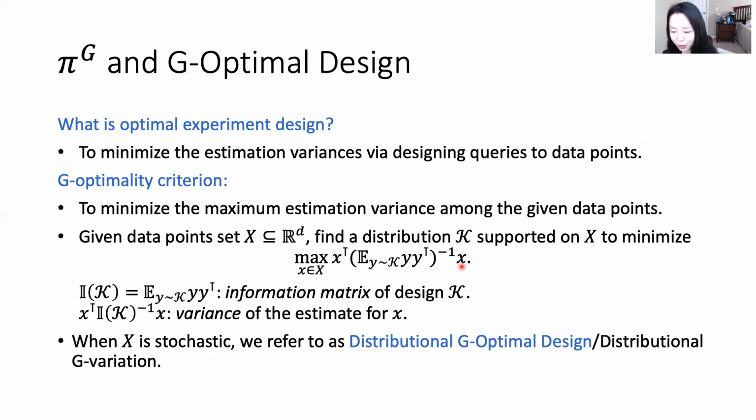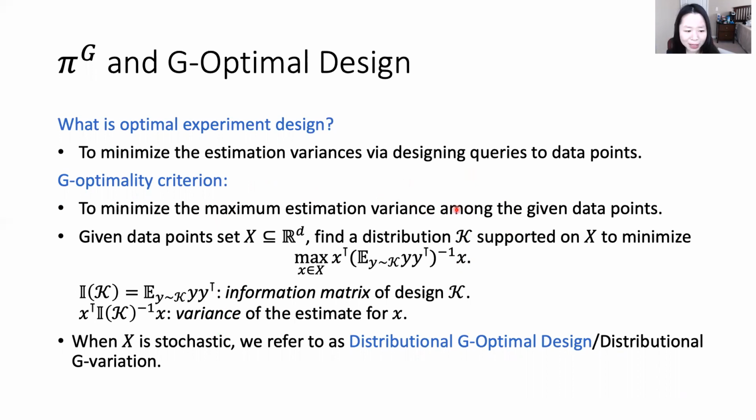Optimal design wants to minimize the estimation variances of parameters via designing queries to the given set of data points. And what is G-optimal design?